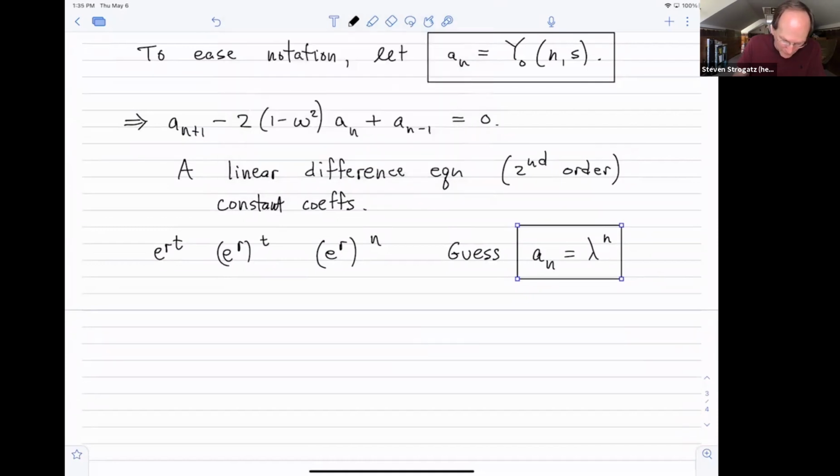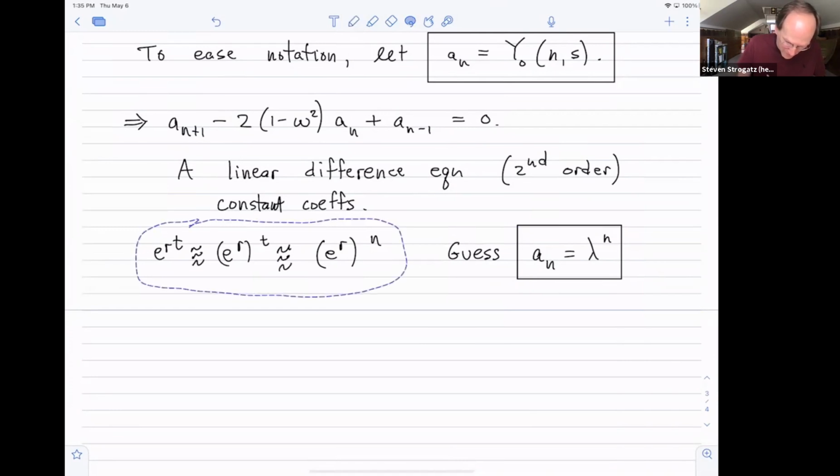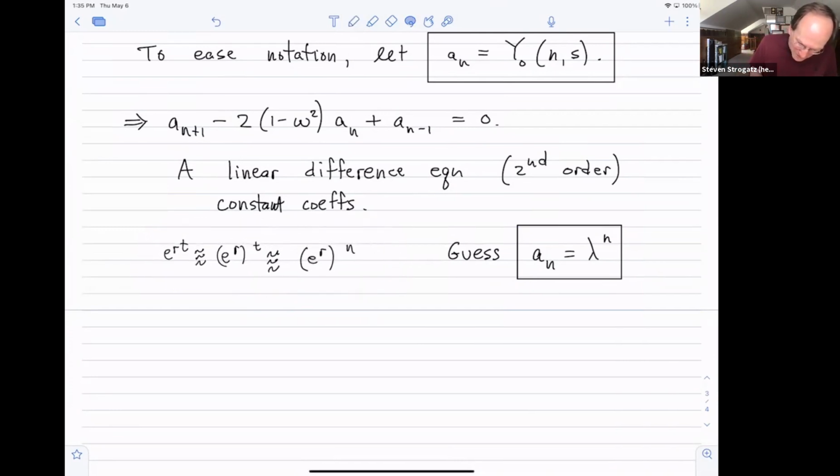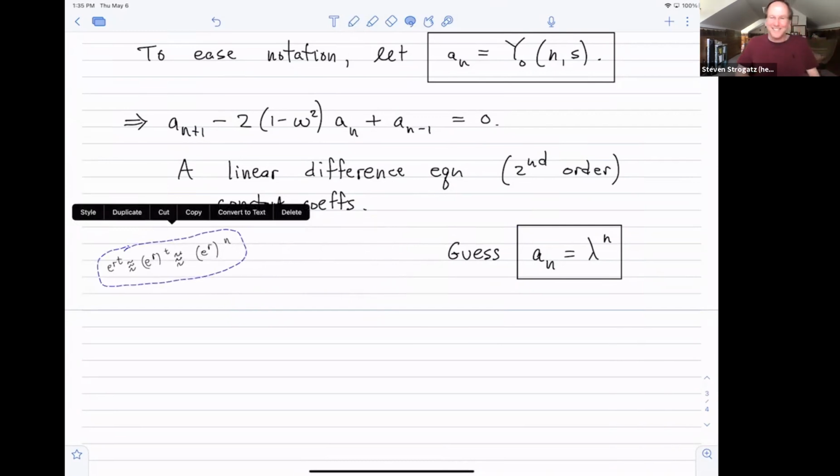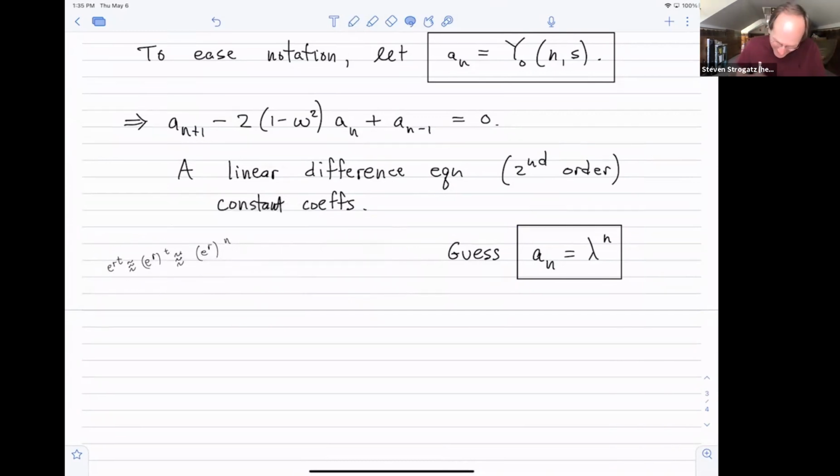What I wrote is so sloppy. I almost feel like erasing that whole thing. Since I'm so embarrassed by it, I'm going to make it really small and cockeyed and put it off here to the side. Okay, but that's my motivation for the guess.